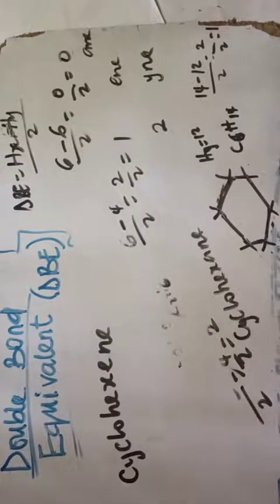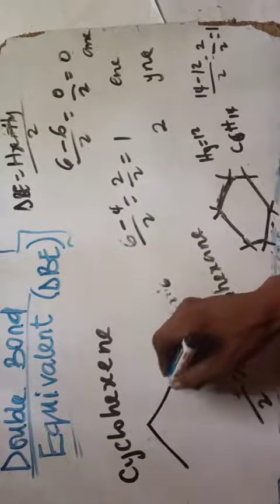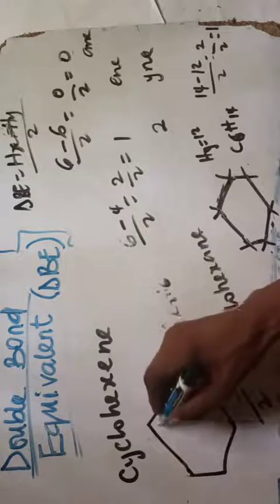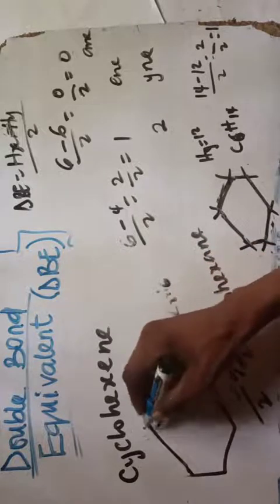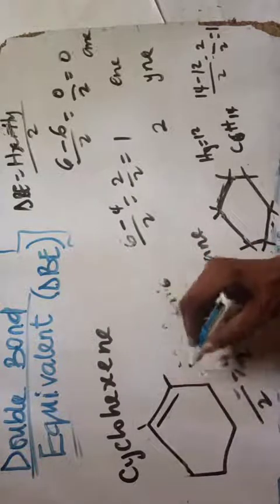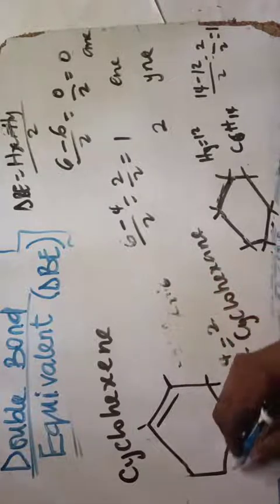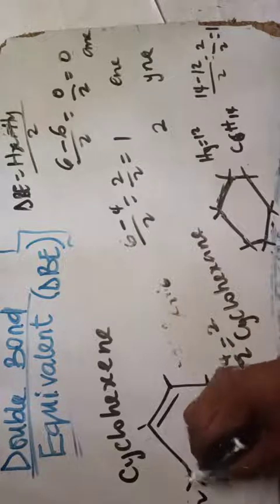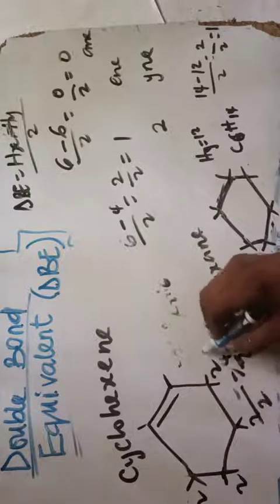So let's consider that cyclohexane is 1, 2, 3, 4, 5, 6. And you're going to have just double bonds somewhere. So you have 1, 2, 3, 4. So this is 2, 4, 6, 8.